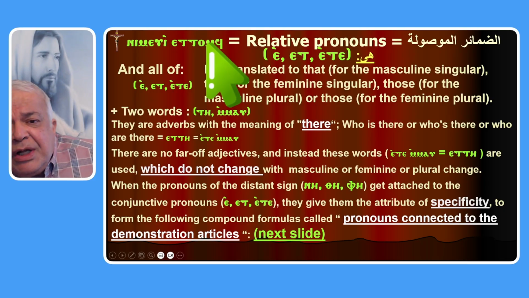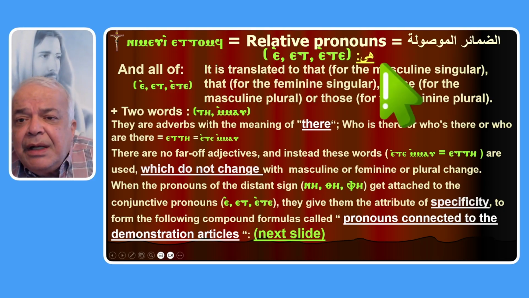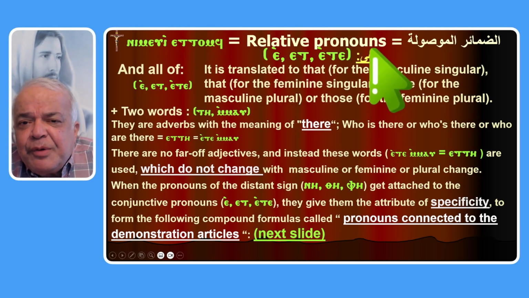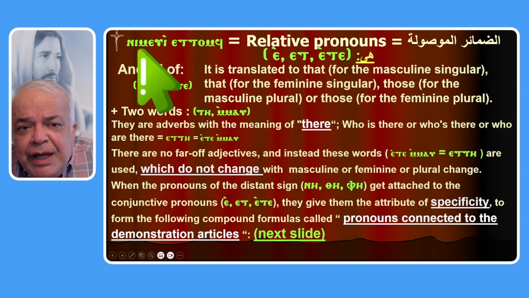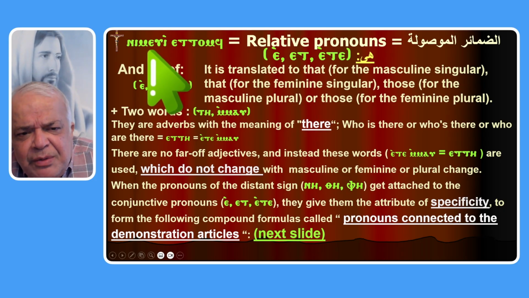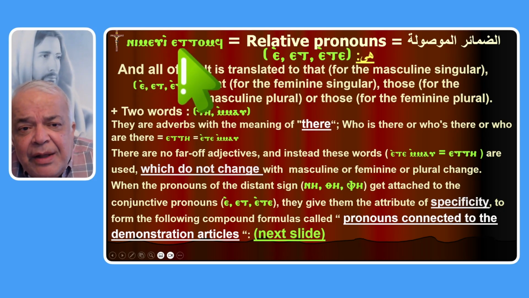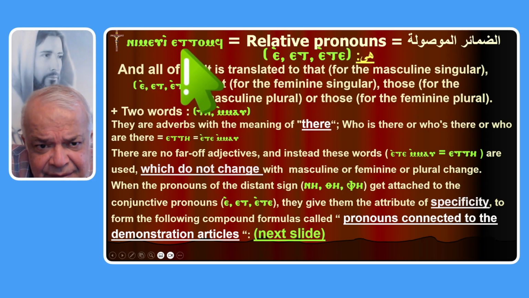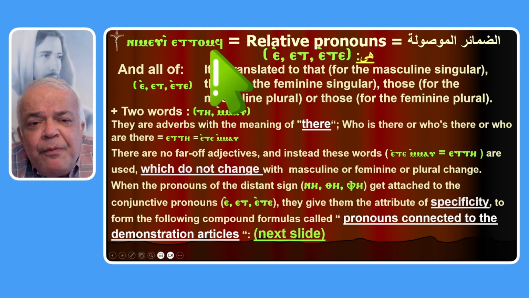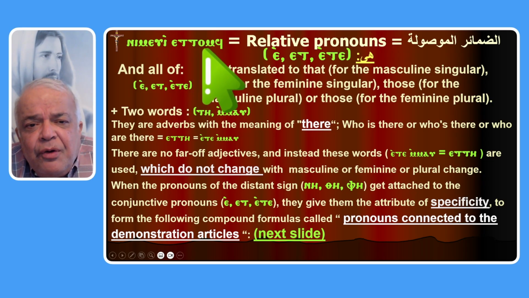These words here are called the relative pronouns. Nimev'i means the ideas, but here it means pronouns. Et, the, that are, or they are, that are.